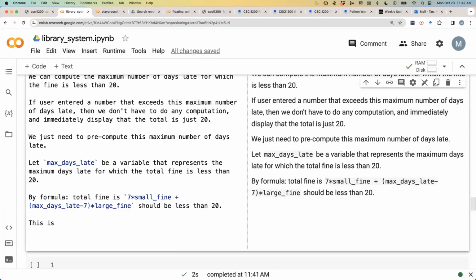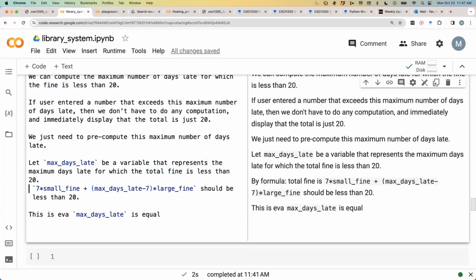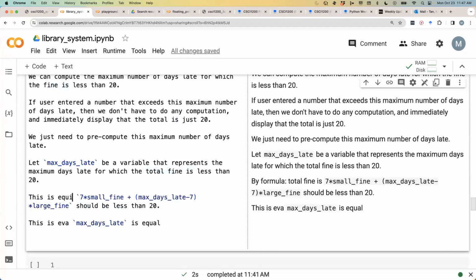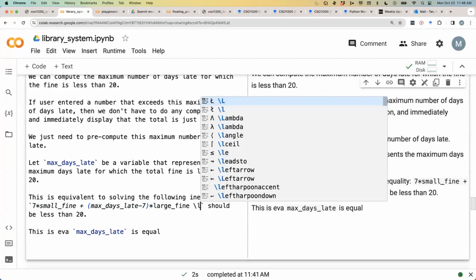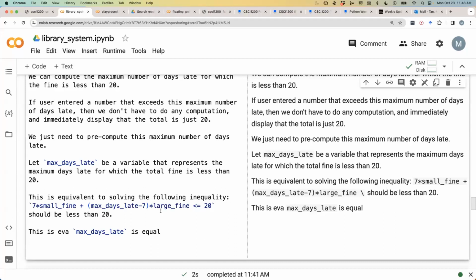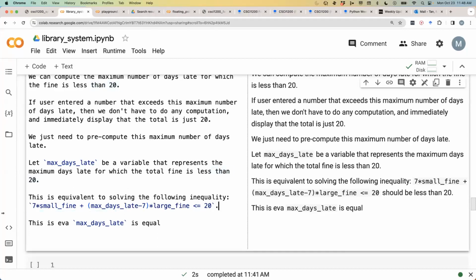So hence, the maximum days late is found by solving an inequality. This is equivalent to solving the following inequality: 7 times small fine plus maximum days late minus 7 times large fine is less than or equal to 20. This is the inequality that we want to solve.